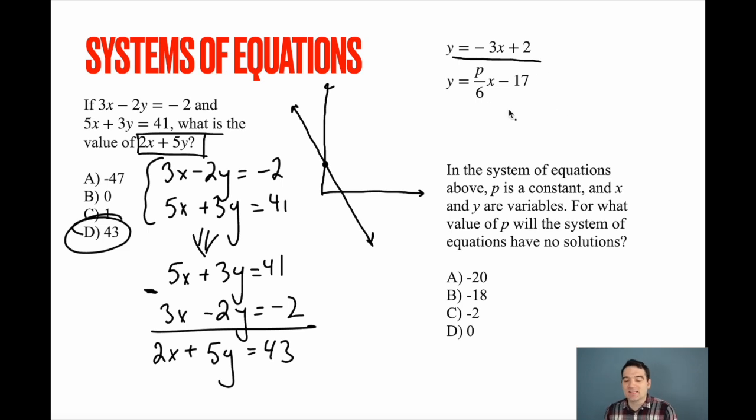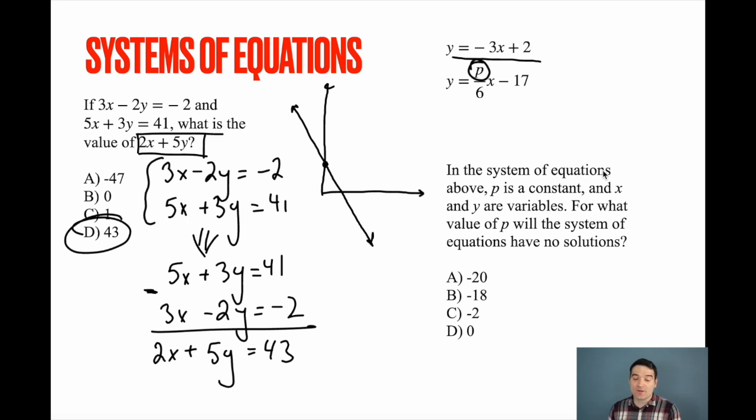And I want to find the value of p such that these two equations have no solutions. Well, what is a solution in the coordinate plane? A solution is where they intersect. I'm going to repeat that one more time because it's very important. In the xy coordinate plane, the solution to a system of equations is where they intersect.